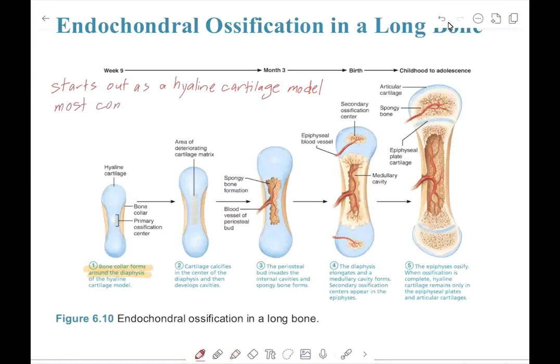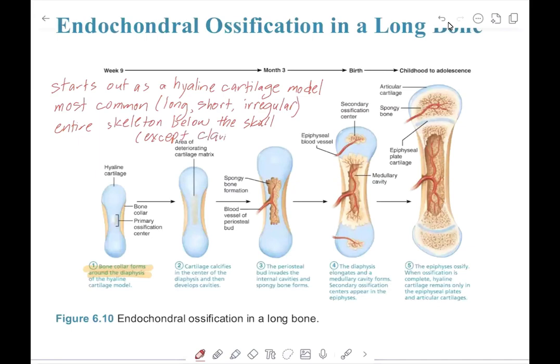It's much more common than intramembranous ossification. So this is going to be for long, short, and irregular bones. And from the last slide, we learned that it is basically the entire skeleton below the skull, with the exception of the clavicle.